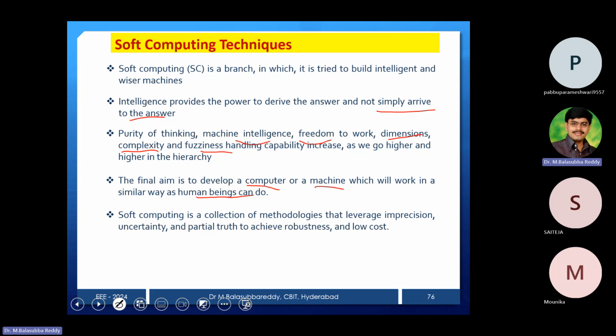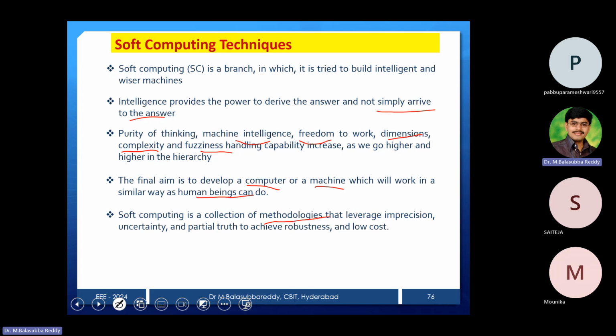Soft computing is a collection of methodologies. There are different methodologies, in which uncertainty will also be there in some cases, and partial truth, it will not be exact truth. Some parameters we take as random parameters.